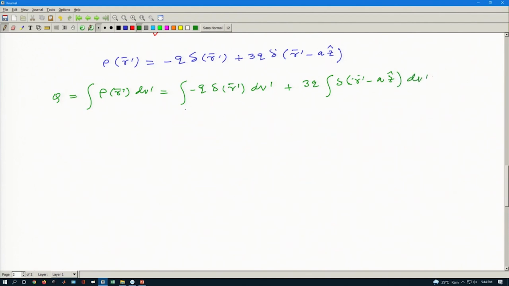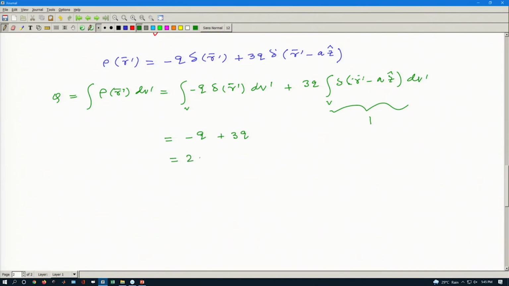But I integrate over the entire volume. So, in both the cases this quantity should be 1, and if I take q outside, then this quantity will be 1.